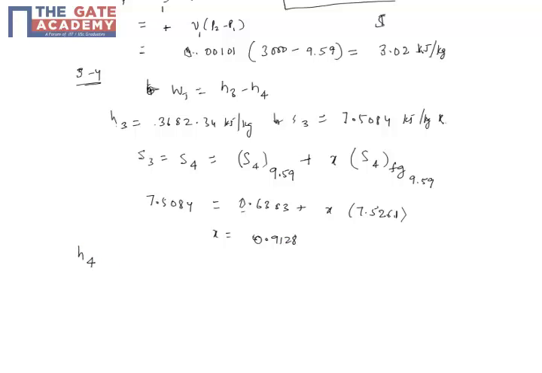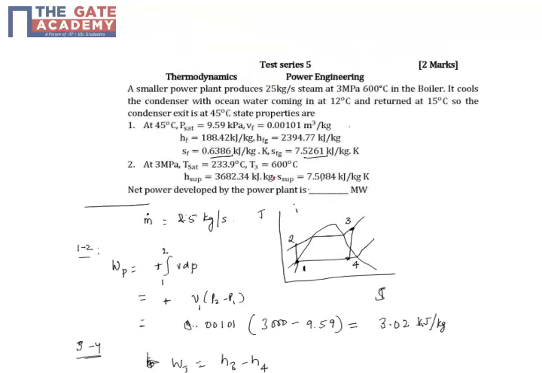Now H4 is Hf at 9.59 kPa plus the dryness fraction times Hfg at 9.59 kPa. These values are given: 188.42 and 2394.77.